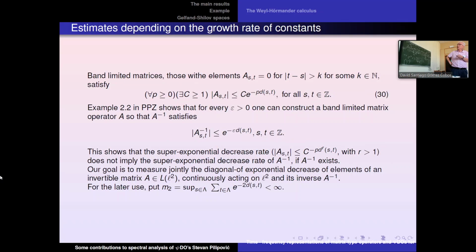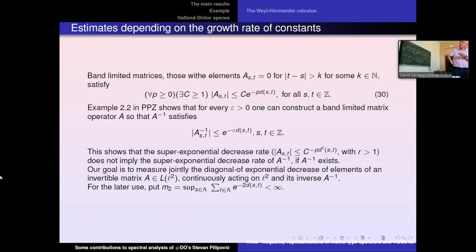So this is the main theorem. Actually, this will come a little later. So let us assume this is the band limited case.